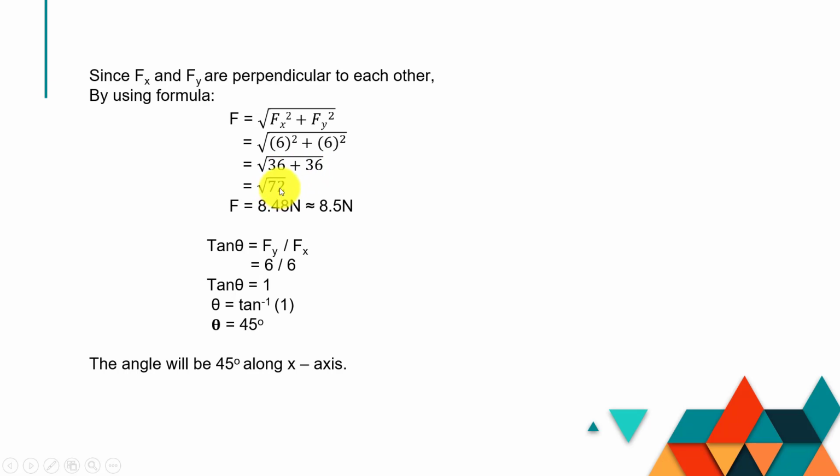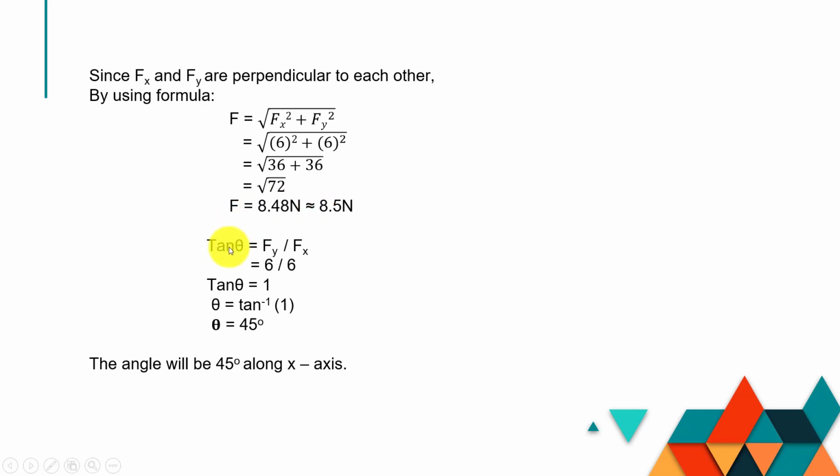After calculating the square root of 72, we get F equal to 8.48 Newton, which is approximately equal to 8.5 Newton.